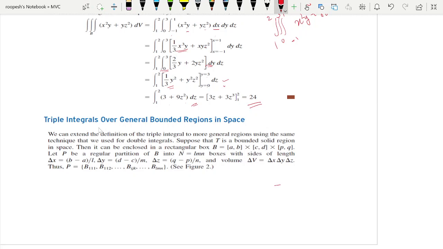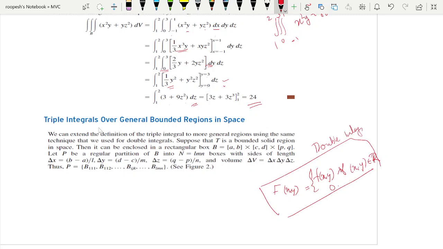There we defined f of x y such that it equals f of x y itself if x y is lying in the rectangle R, or else 0. This was the case in your double integrals, right?